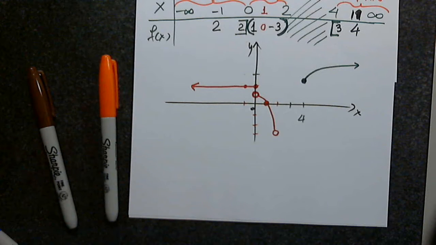As x gets closer and closer to 0 from the left-hand side of 0, the function values get closer and closer to 2. One more time. As x gets closer and closer to 0, the function values get closer and closer to 2 from the left-hand side of 0.